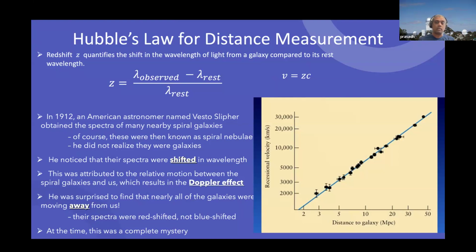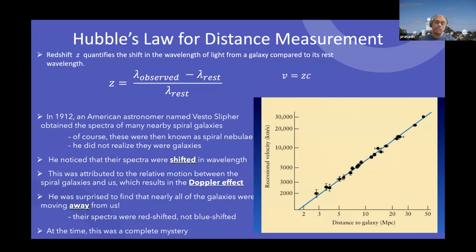And when you go to light, that also applies. When something comes towards you, the observed wavelength of the light will decrease, and if something moves away from you, the wavelength of the light will increase.